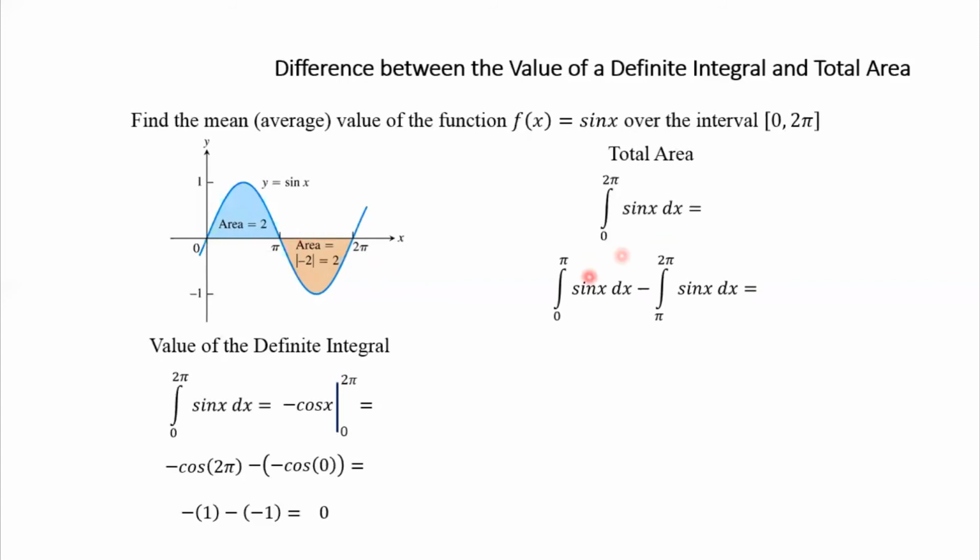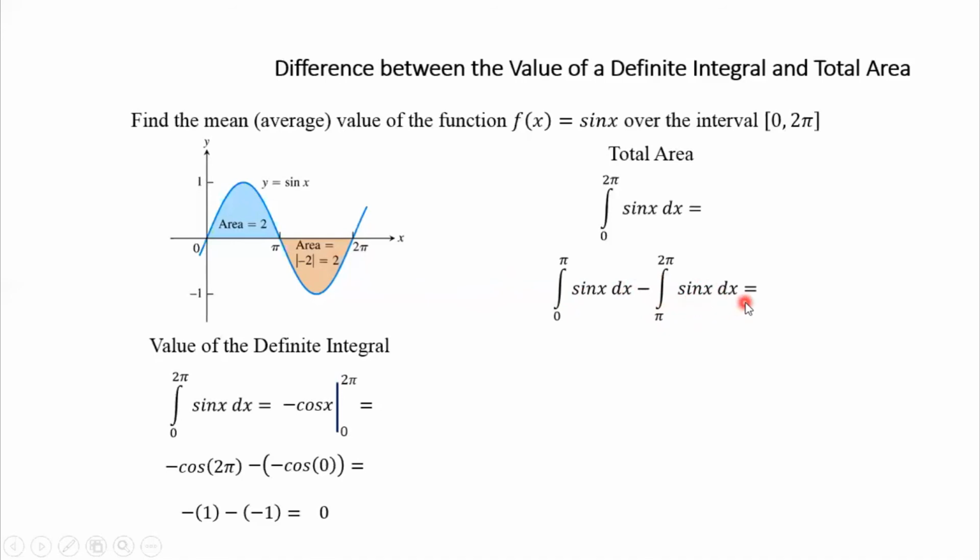So we integrate this one as the integral of sine x dx from 0 to pi, plus the integral of sine x dx from pi to 2 pi. But again, since we are talking about the area which is below the x-axis, this becomes negative.